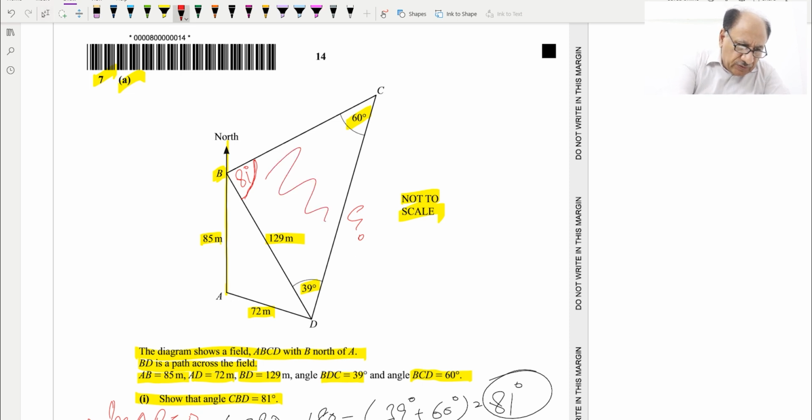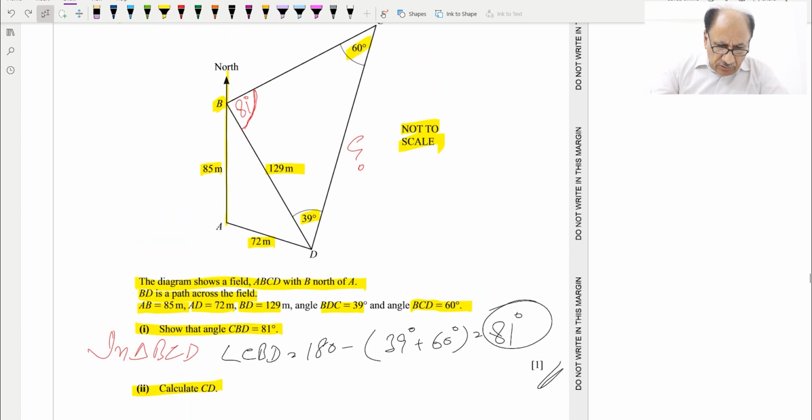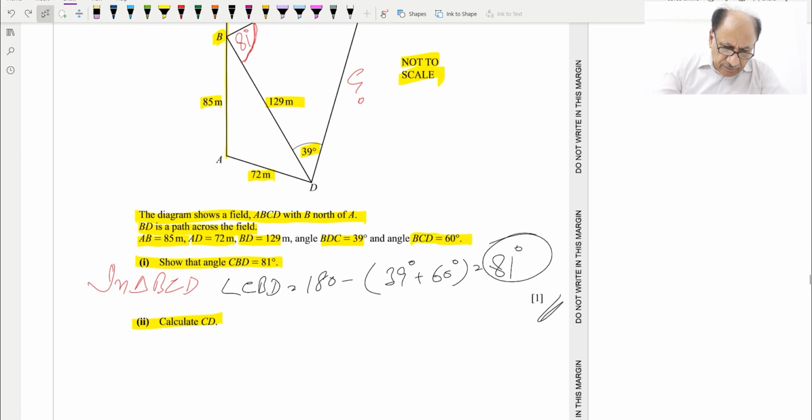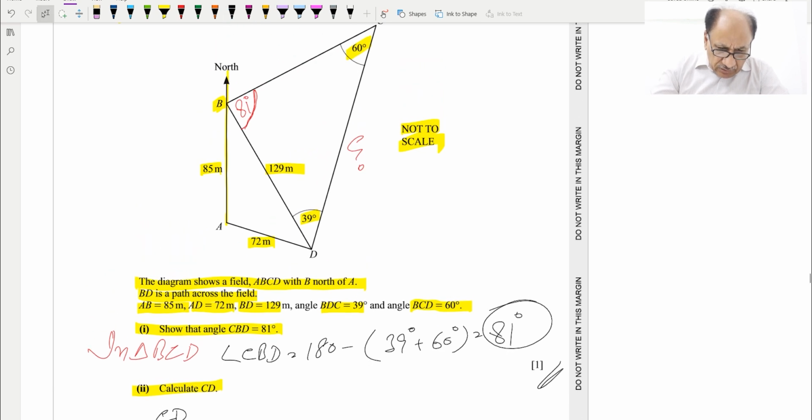Sine rule will be CD over sine of 81 is equal to the other side, 129 over sine 60.